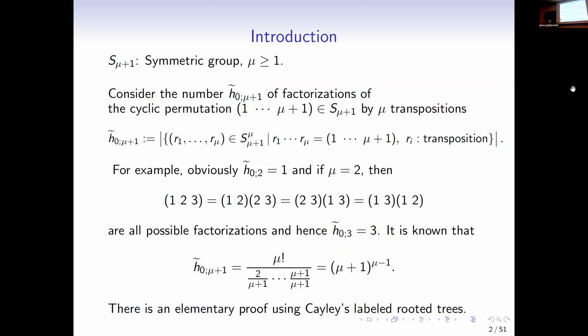In this case, there are totally three factorizations, and so this number H tilde of 3 is 3. And in turn, for example, using Cayley's formula for rooted trees, we want to show this equality.